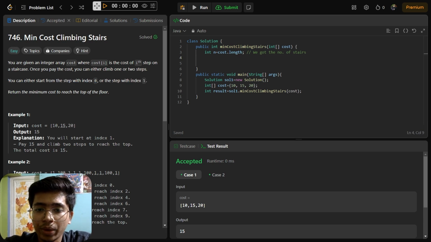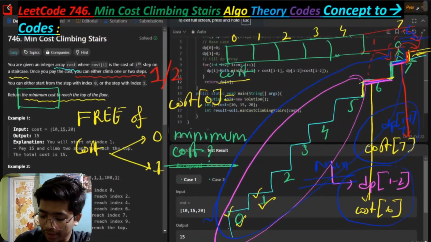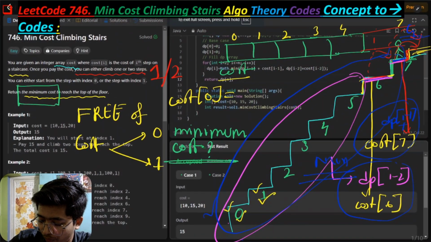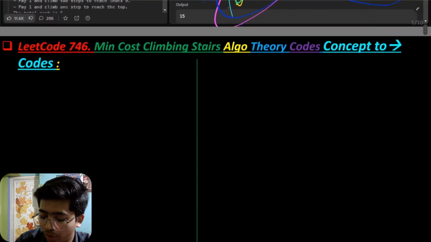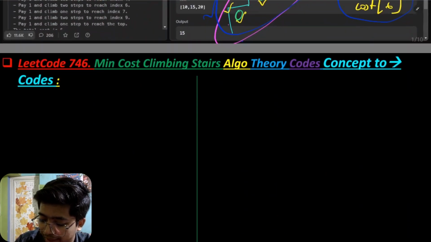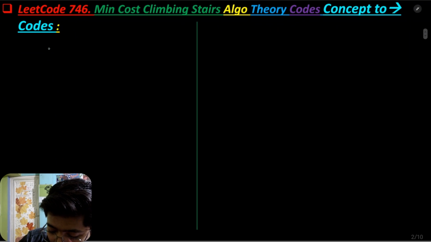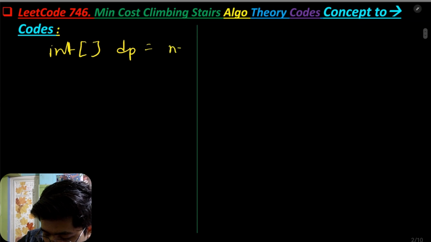So before we write that line, first we will be initializing the dynamic programming array to store the minimum cost to reach each step. If you look at the theory, this was the cost, and the cost we got of the entire path, we stored in the array. So we will be creating an array like this: int dp equals new int of n plus 1.